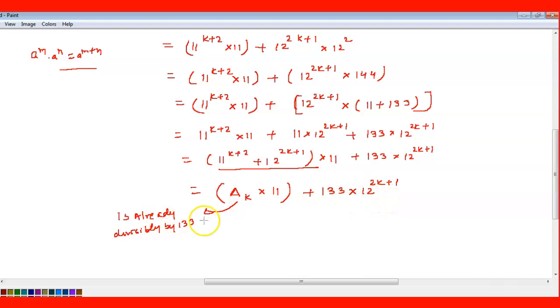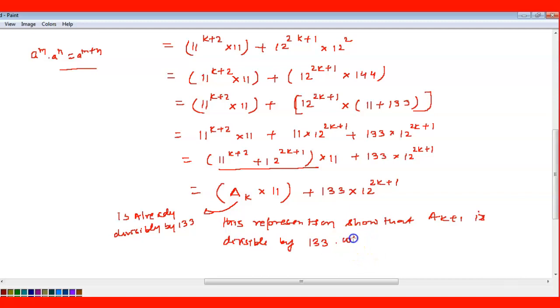So this representation shows that a_(k+1) is divisible by 133 when a_k is divisible by 133.